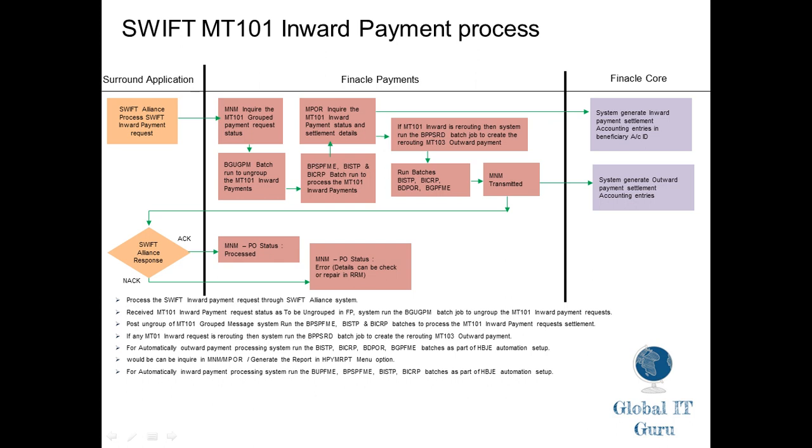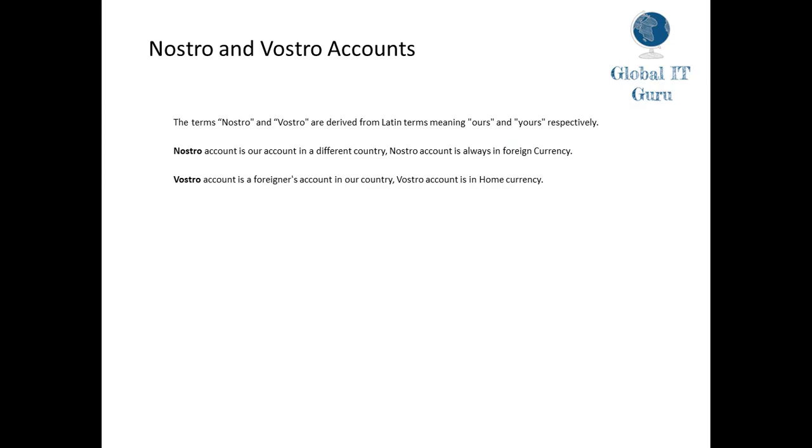Now coming to the next slide, we have the concept of nostro and vostro accounts. The terms nostro and vostro are derived from Latin terms meaning ours. Nostro means ours and vostro means yours.